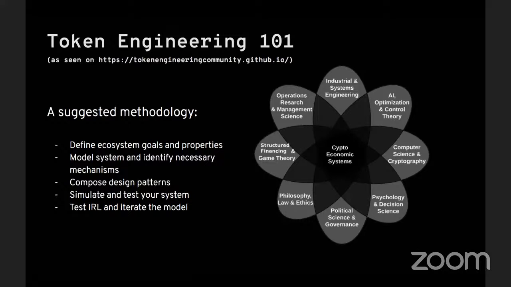The first one being to clearly identify the goals and the properties of the network that you want to design for. Second, modeling the system and identifying those mechanisms, by looking at patterns, and at what mechanisms already in place work and how you can reuse them to fulfill the goal that you previously set for your network.